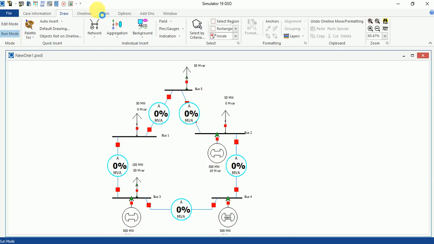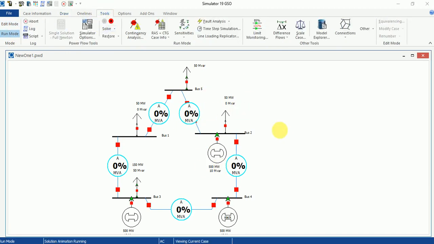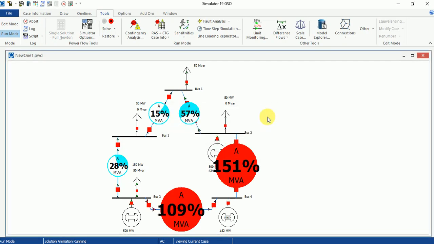Now go to run mode, go to tools. As you can see, transmission lines T2 and T3 have been overloaded because the MVA flow exceeds the MVA capacity of these transmission lines. Now, in order to study the parameters of this system, go to Model Explorer.